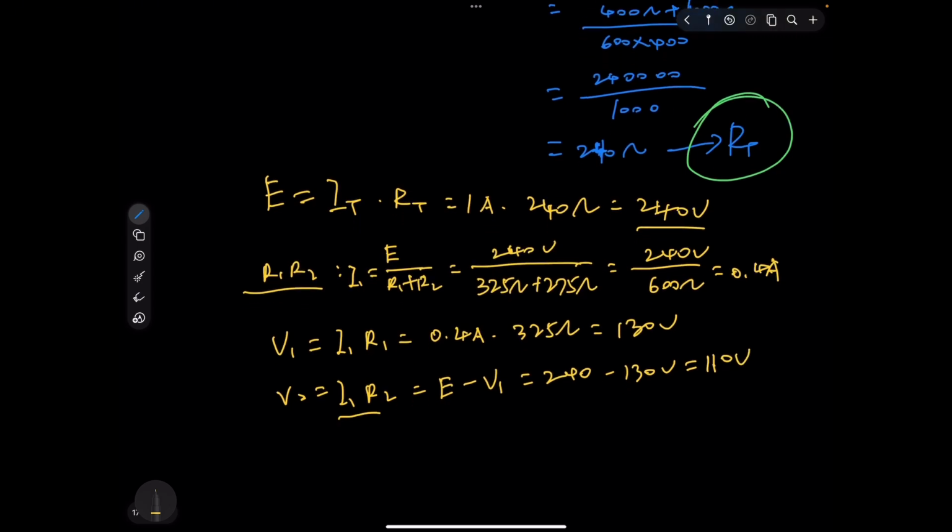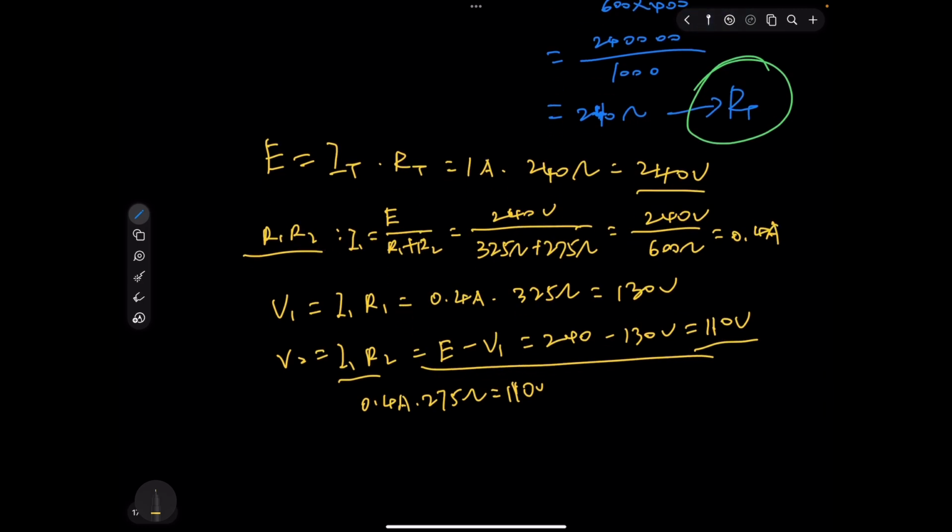If we use 0.4 amps times 275 ohms, it's the same thing. We should get 110 volts.